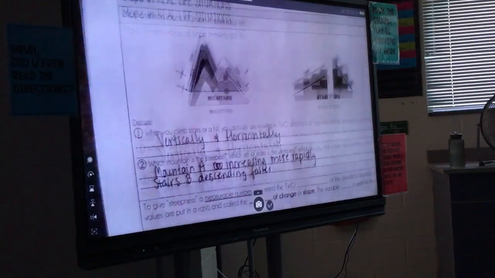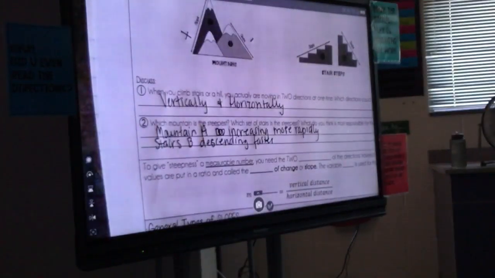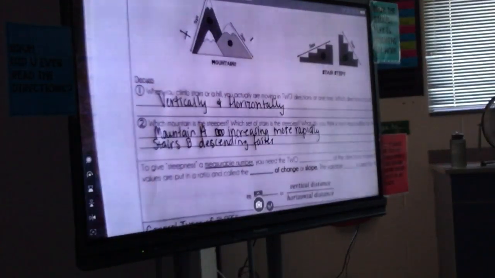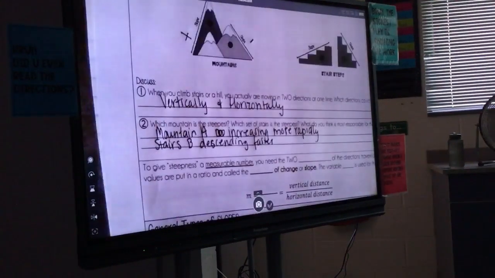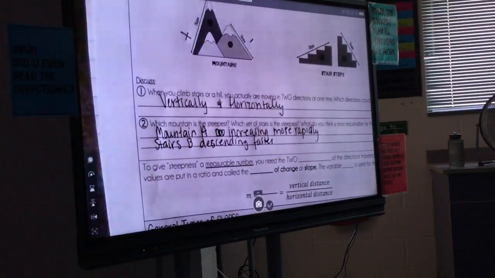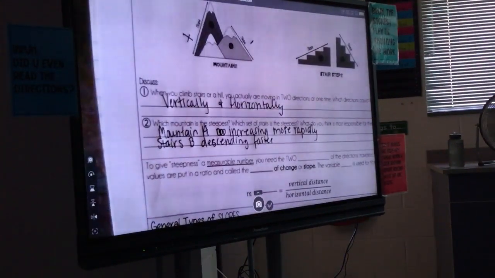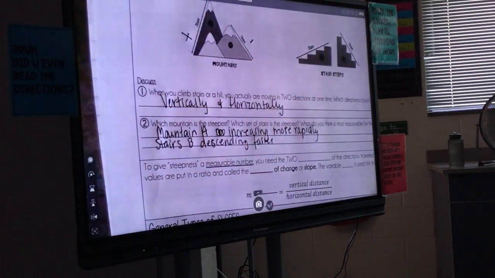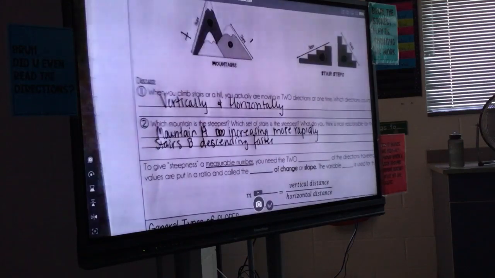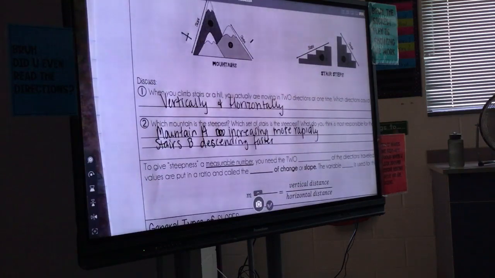You have a question? I have a statement. I wrote that for the stairs, each step starts with 0 slope. So wouldn't that make the steepness go down, or make it less steep, because it has to go at more of a straight angle? No, but it would make it a negative slope because it's going down, right?